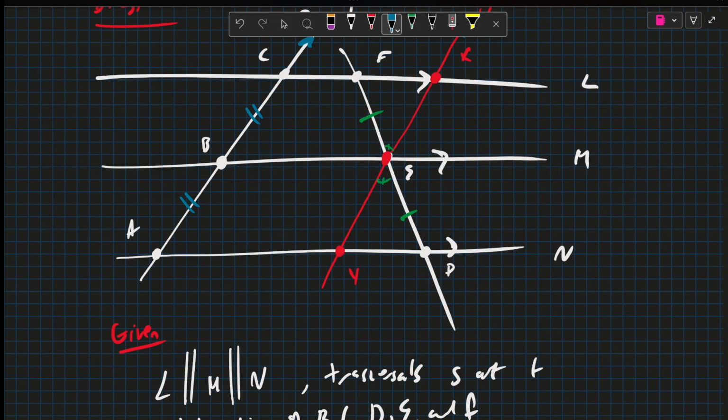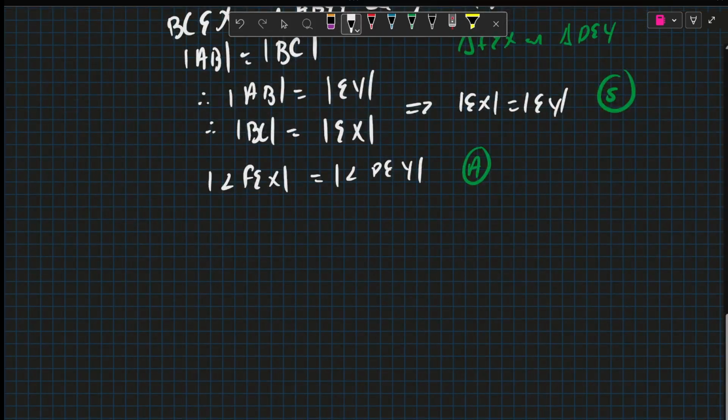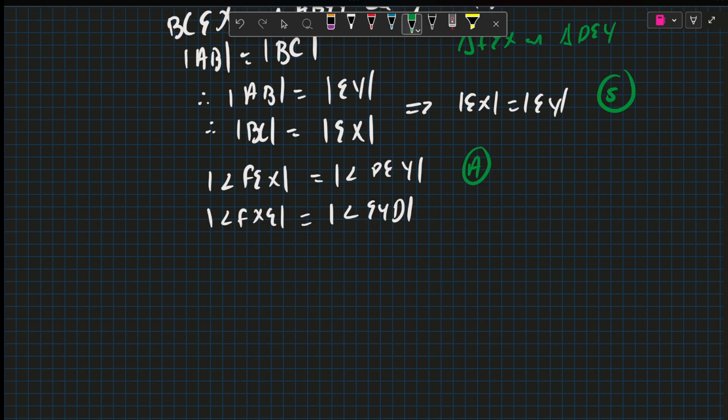We can also spot that we have some Z angles here and here. So this is going to be FXE and EYD, which is another pair of equal angles.